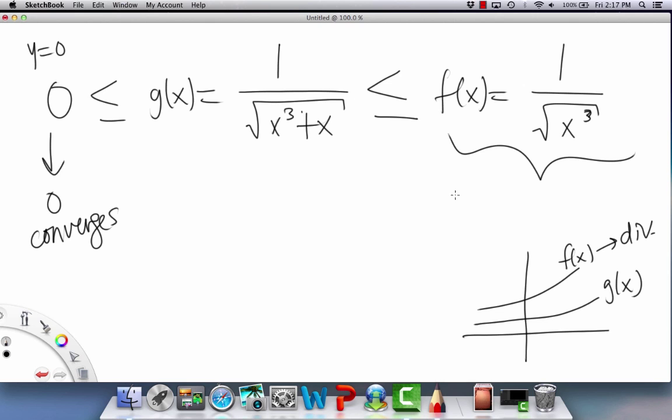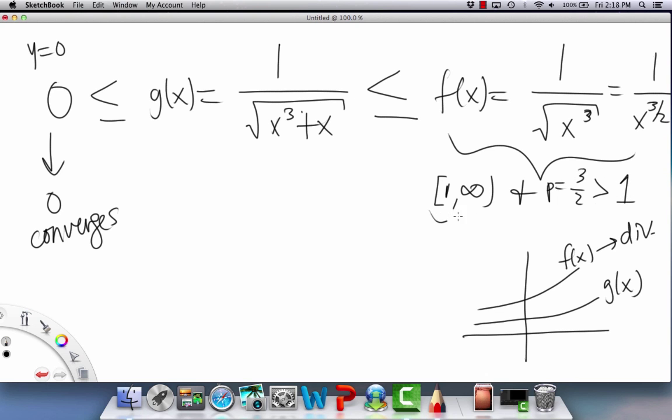Okay, so let's apply the p integral test. So our interval for the integral was 1 goes to infinity, right? And we can tell that p on the bottom here, this is the same thing as 1 over x to the 3 over 2. So p equals 3 over 2, that's our power, and this is greater than 1, right?